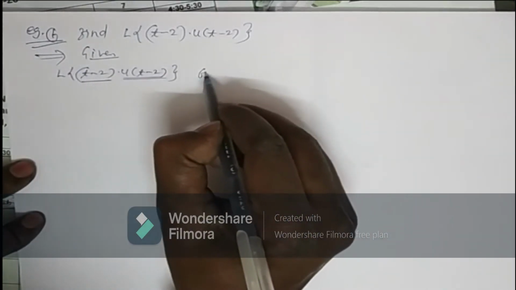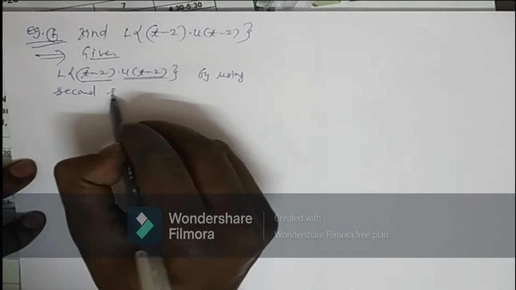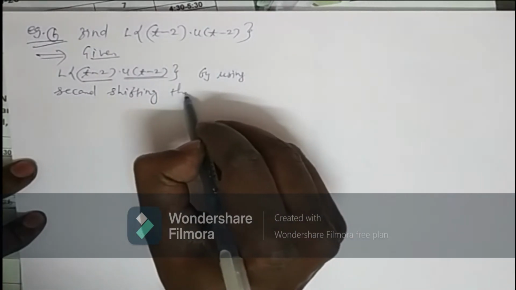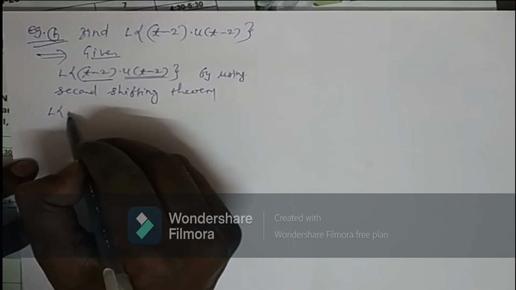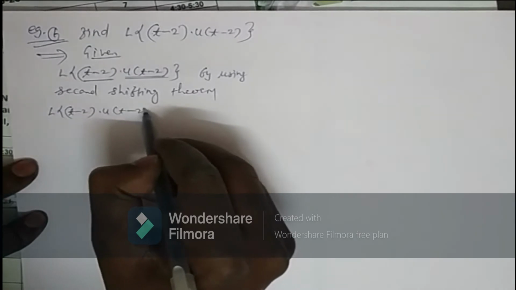So by using the second shifting theorem, the Laplace transform of t minus 2 into u of t minus 2 is equal to e raised to minus 2s into the Laplace transform of t into u of t, since the minus 2 comes into e raised to minus 2s.